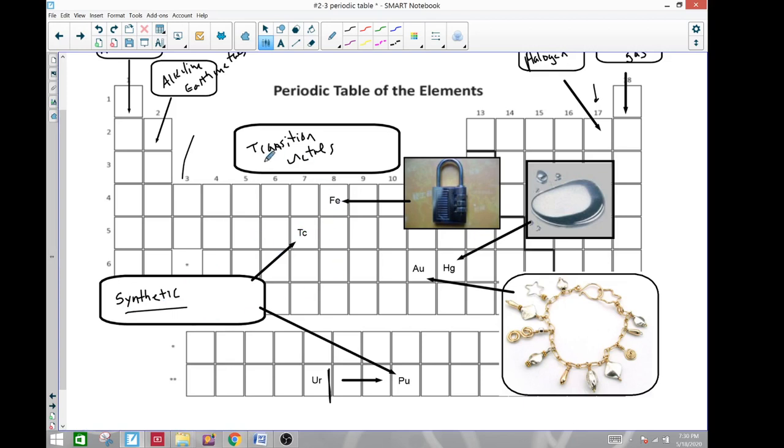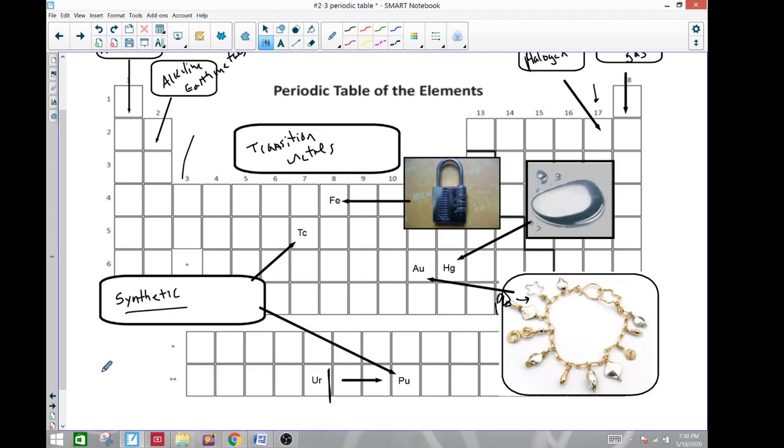There's lots of variation in the transition elements: metals that are solid versus liquid mercury, and gold is very soft. Some of them are also radioactive. Everything beyond lead, which is hiding behind the gold here, Pb, right about here, at some point is radioactive.